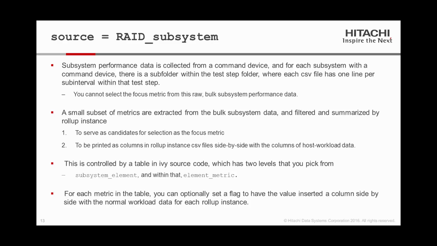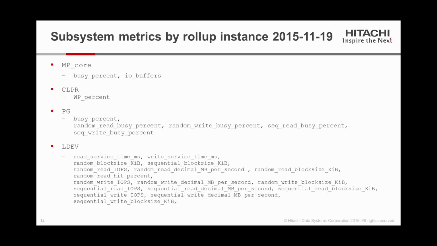So to pick from this table, at the first level, you have to pick which subsystem element, and then within that, which element metric. The subsystem element that you can pick from today is either MP Core, Clipper, Parity Group, or LDEV.